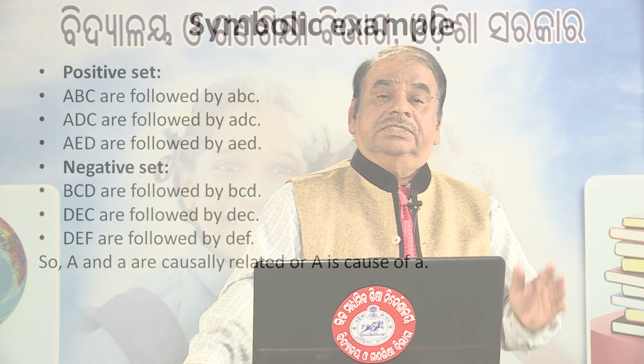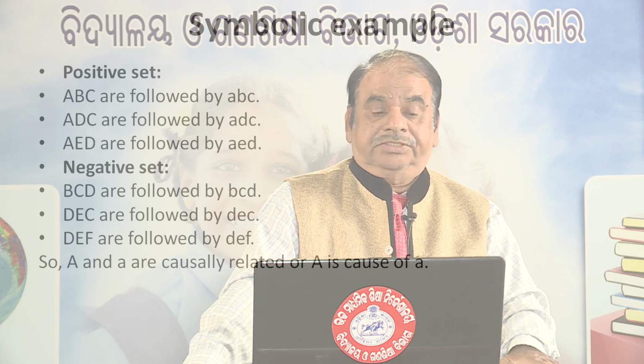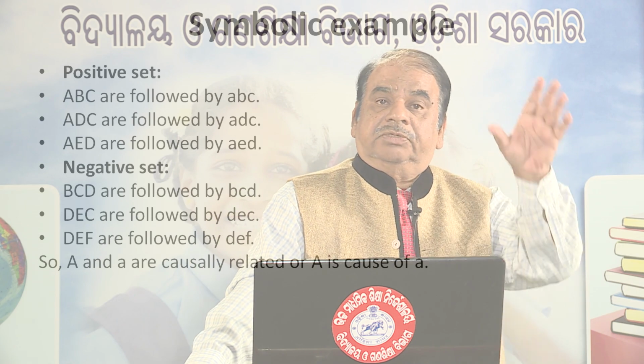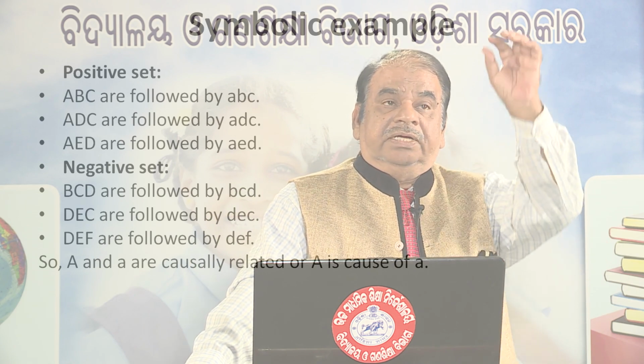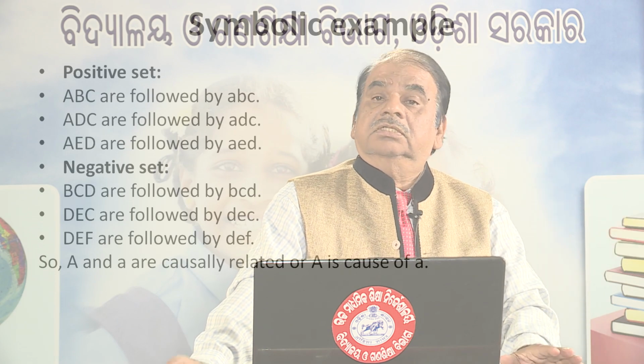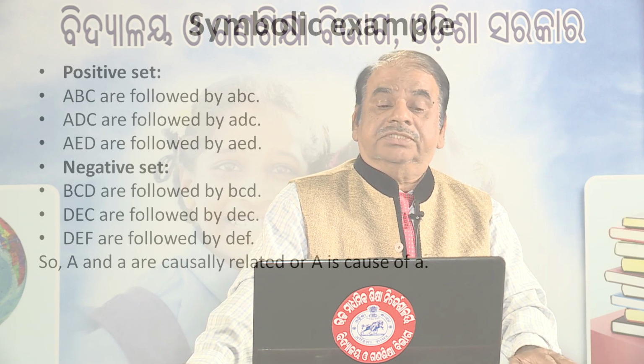Now, ADC followed by adc, AED followed by aed, is the positive shade, where we find that A is common on the antecedent side and small a is common on the consequent side.